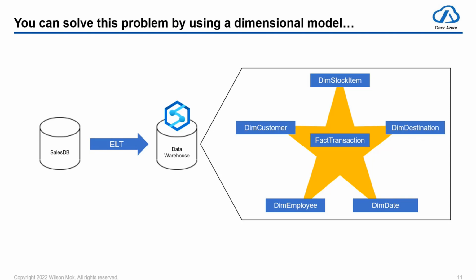All the measurable items are in the fact, so all the dims are connected to that fact. And of course, if you have multiple fact tables, you can use multiple dims to connect to them to generate different insights if required.